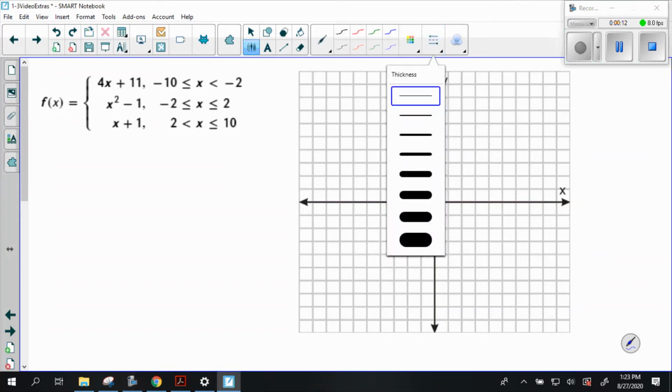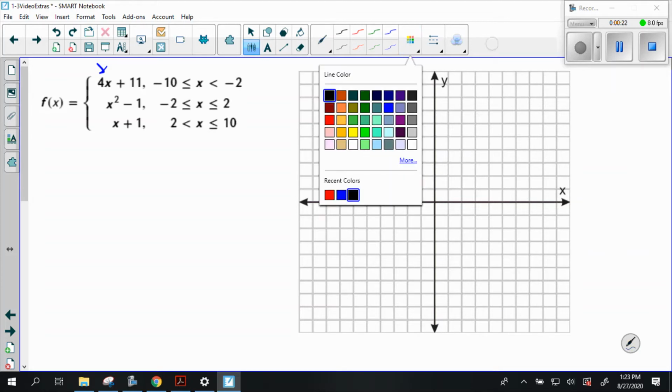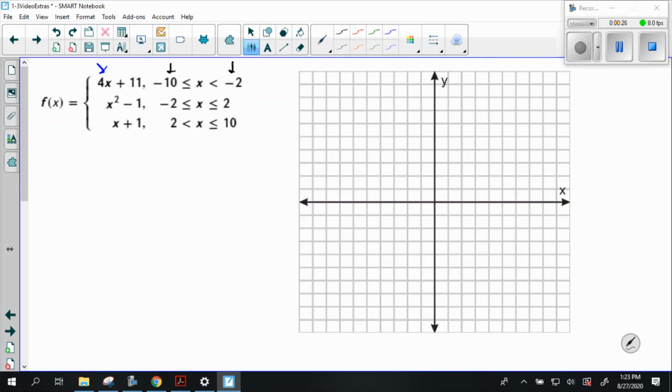here, because if we look at first graphing the 4x plus 11, we're going to graph it between -10 and negative 2. So let's real quick just look at the 4x plus 11. Let's look at what happens when x is negative 10.